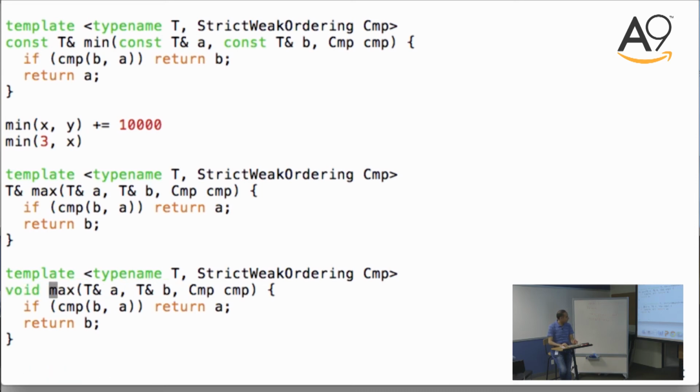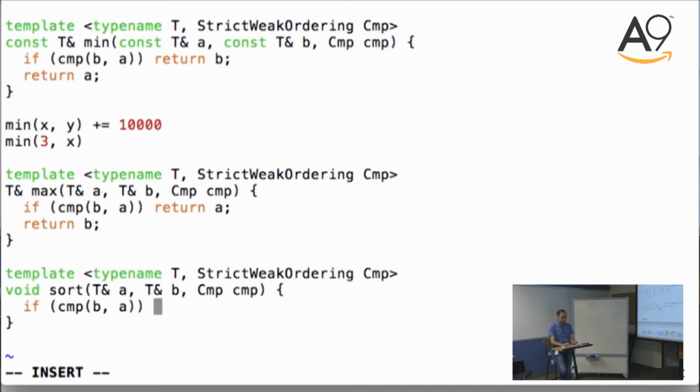Call it sort. You don't need to return it. If B is less than A, then we swap.